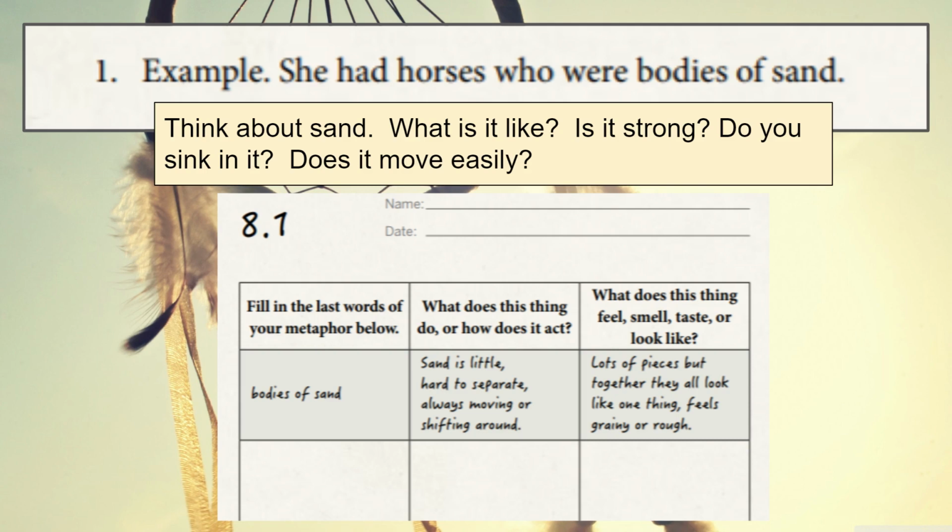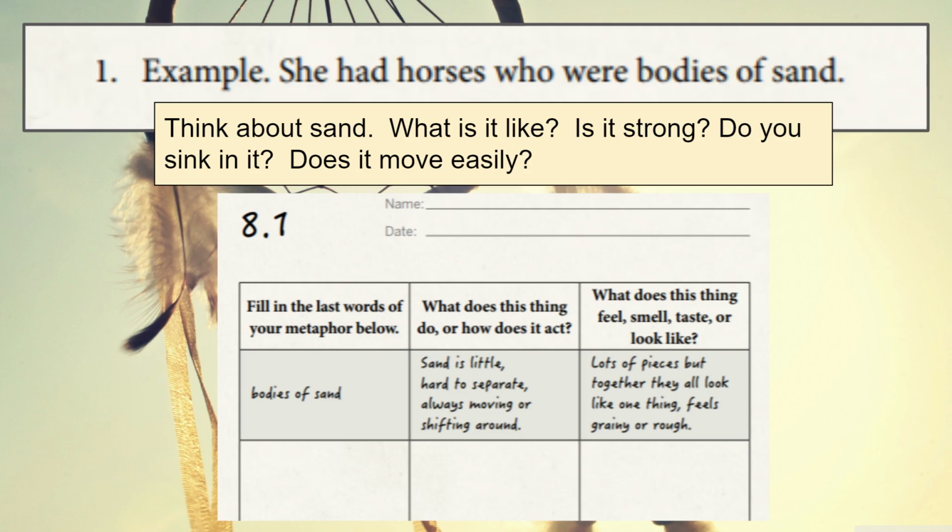It's always moving. What does it feel like, smell like, taste like, or look like? So using our senses here, lots of tiny pieces, but together they look like something. You can use sand to create sculptures. You can use sand to make the ocean, if you wanted to replicate that in a bucket.